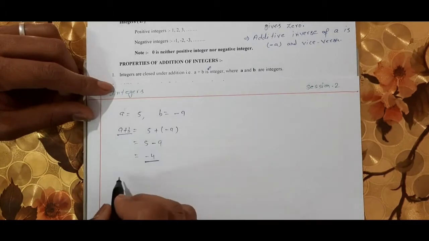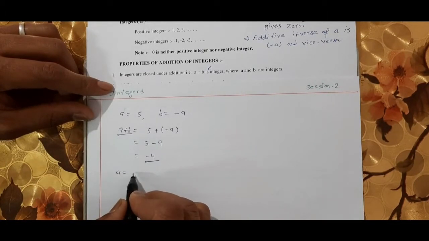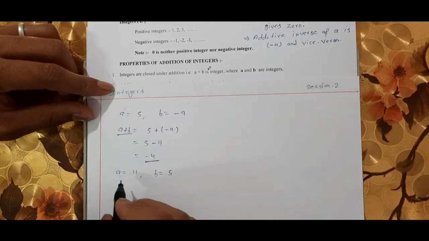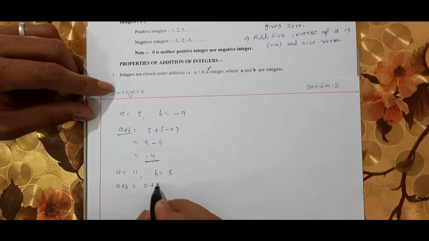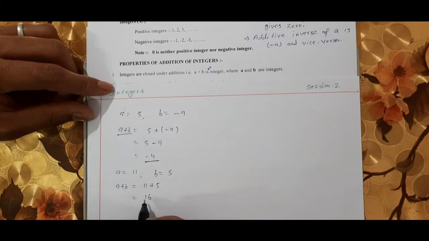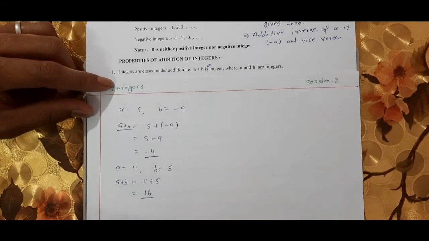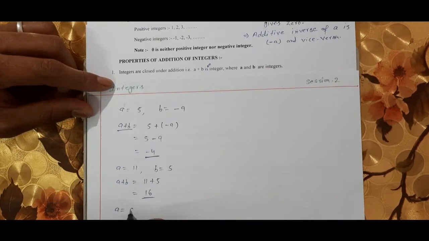For another example, a equal to 11 and b equal to 5. So a plus b equal to 11 plus 5 equal to 16. Here 16 is also an integer. So integers are closed under addition. Next, for an example, a equal to 0 and b equal to minus 9.